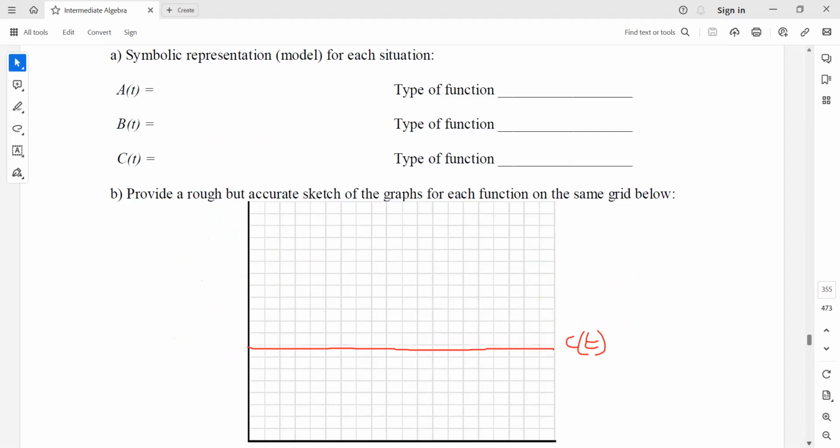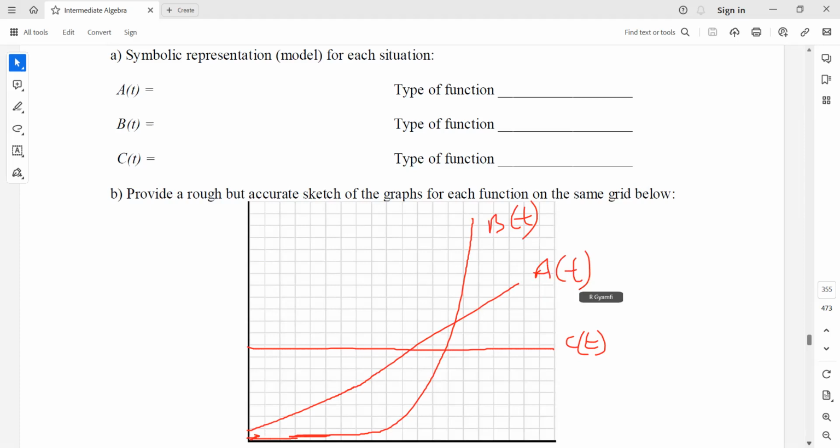Now B of t is going to be like that. So this is B of t. And then A of t is going to be A of t. So there's also a straight line. Okay, all right.